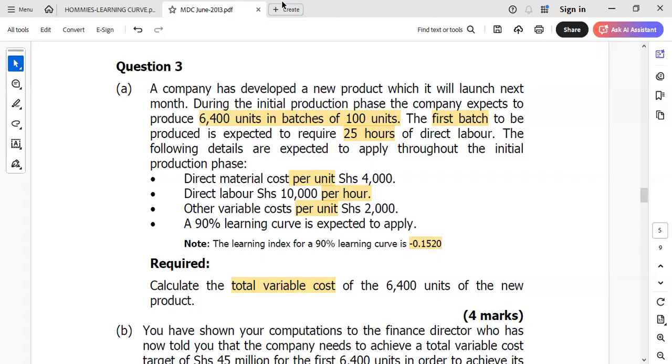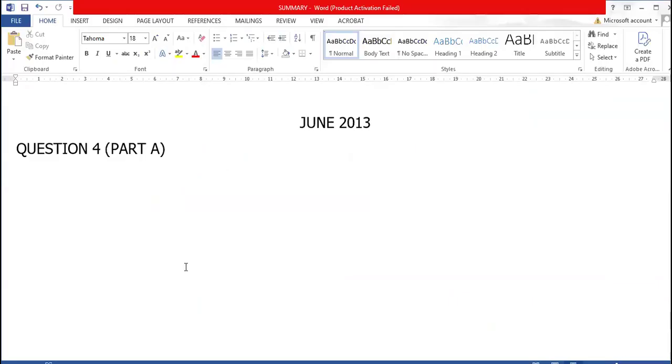So here you need the total direct variable cost. The first variable cost in that question is direct materials.